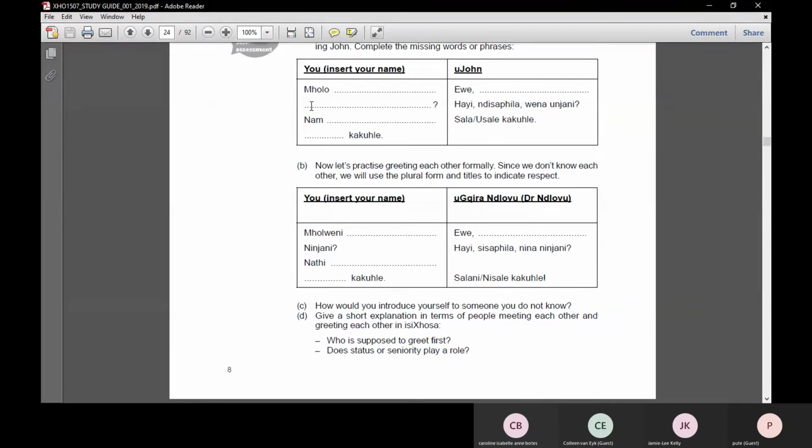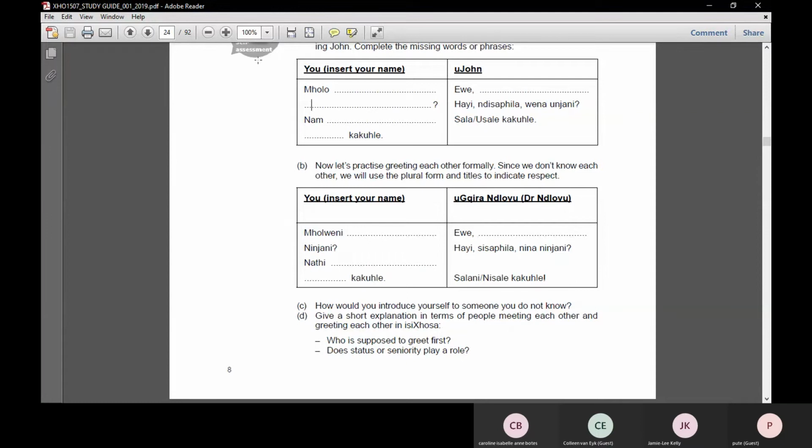And he says, ndisaphila wena unjani, and you would respond ndiyaphila. Ndiyaphila is correct. And now he says goodbye. He says sala kakuhle. And you say Hamba kakuhle. Hamba kakuhle is correct. He's telling you to stay well, and you are telling him to go well. So that makes perfect sense.